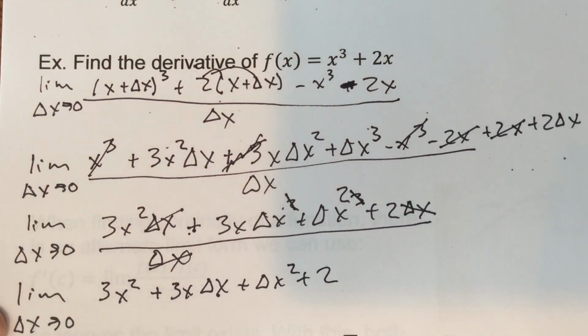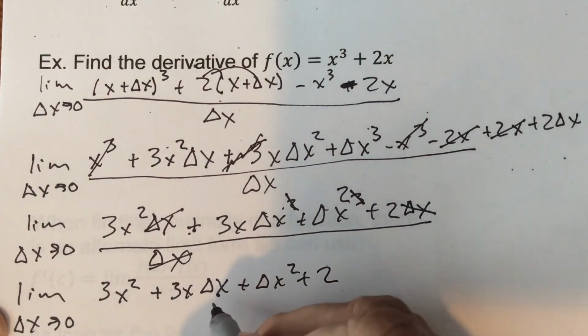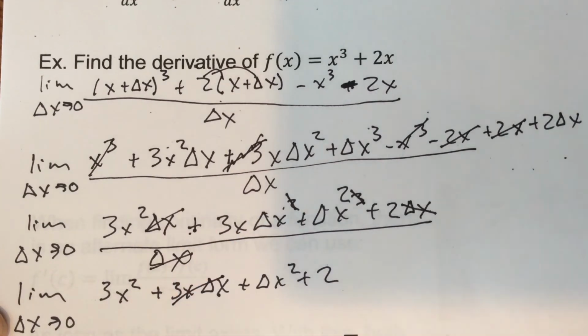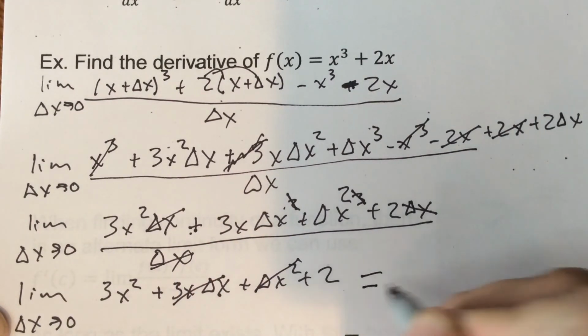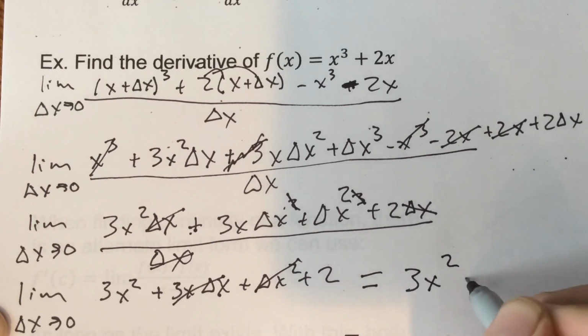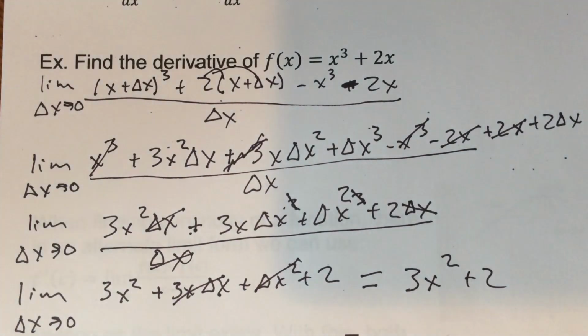So remember, all of our change of x are going to go to 0. So this has a change of x in it, so that's going to be gone. This has a change of x in it, that's going to be gone. So what we're left with is 3x squared plus 2. Now, that will be our equation we would use. We could pick any x, put it in for x, and that would give us our slope back out. And that would be our equation.